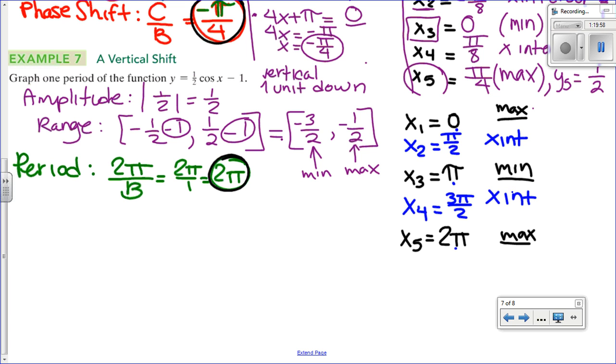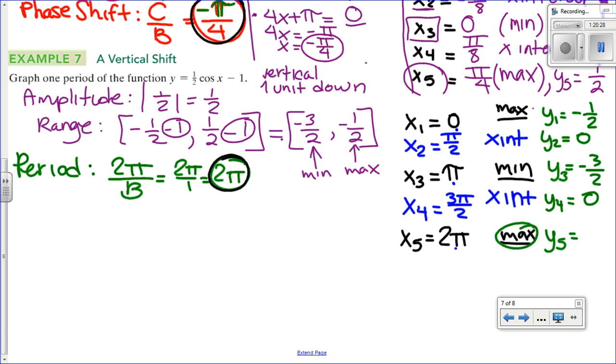All right. Now, for the y values, we already established that the minimum y value is going to be equal to -3/2. And the maximum y value is going to be equal to -1/2. The y value here, since it is an x-intercept, will be 0. And right here we have a max again, so that will be -1/2.